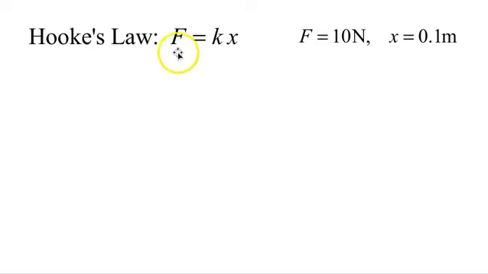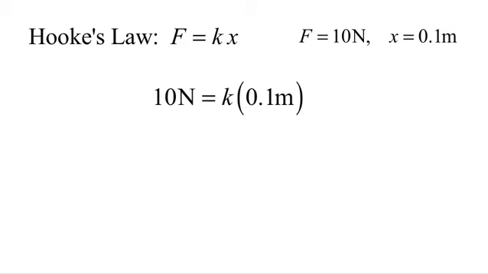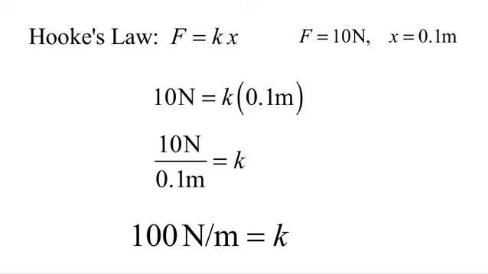So 10 newtons will equal k times 0.1 meters for this spring. Divide both sides by 0.1 meters, and I get k is 10 divided by 0.1, 100 newtons per meter. So that is our spring constant.